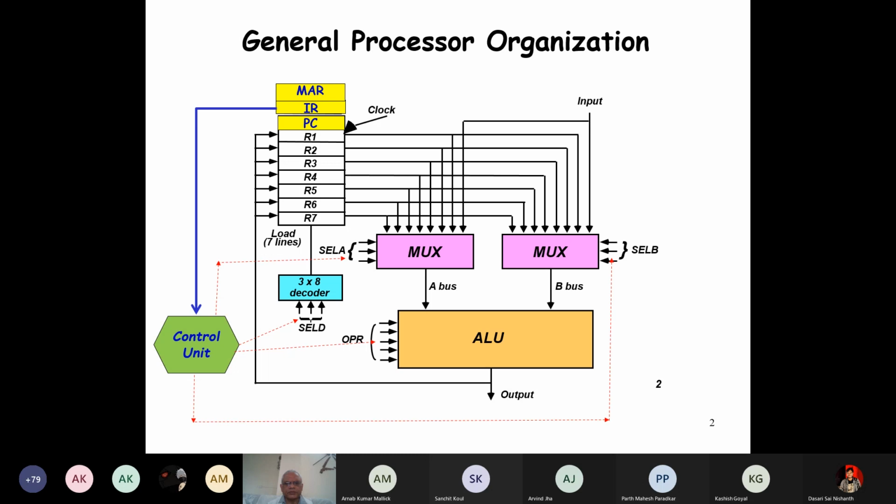In CISC processors, the hardware is so complex that it also had a microprogram unit where the control was stored in the form of a program, and this program is actually which bits to make on and off.